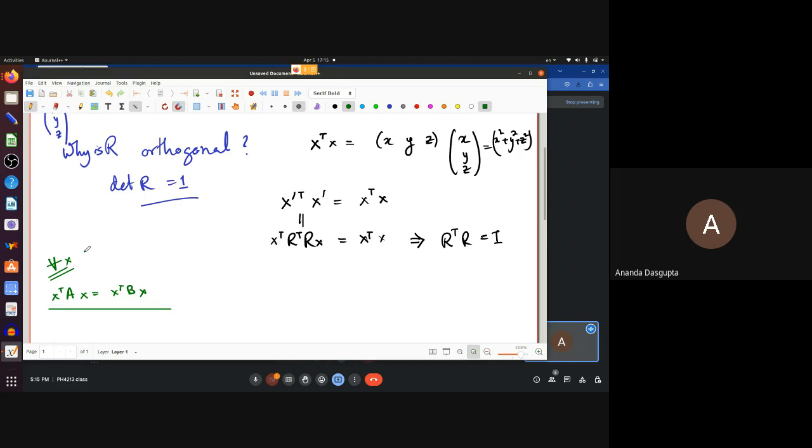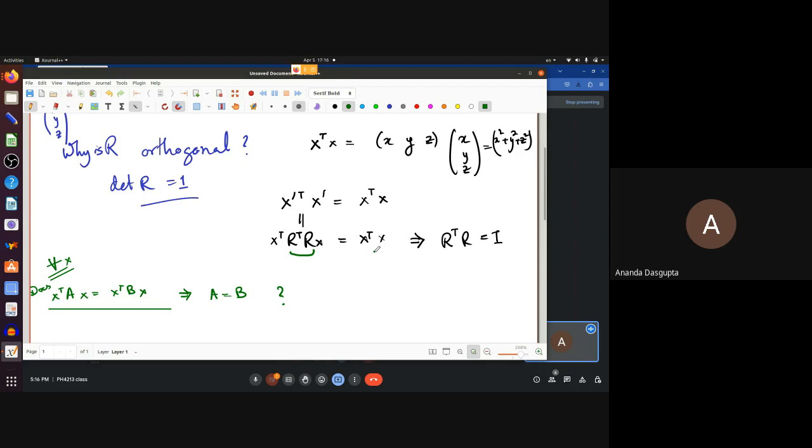For a particular x, that could always be true. Yes. But if this happens for all x, does this mean that A equals B? Does x transpose Ax equals x transpose Bx imply A equal to B? Because that is apparently what you are using here.